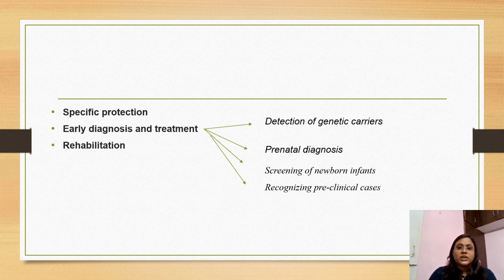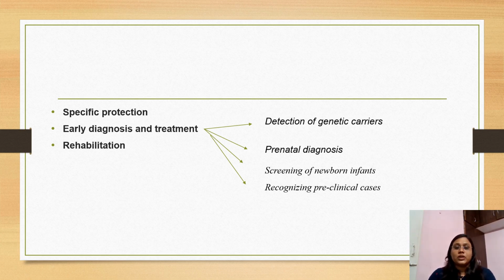If that is not possible and the child is born, then we can screen the newborn child to identify certain inborn errors of metabolism, congenital hypothyroidism, congenital dislocation of the hip, and certain other genetic disorders early. Then we recognize these preclinical cases and try to reduce the harm which can occur due to disease.